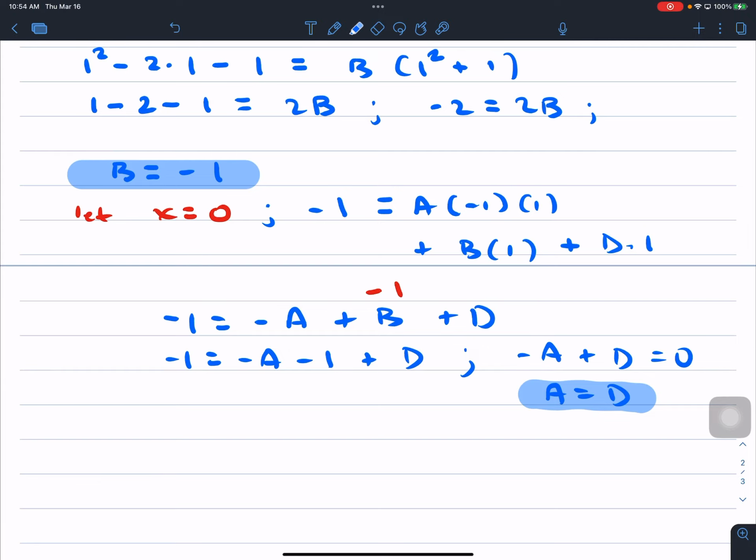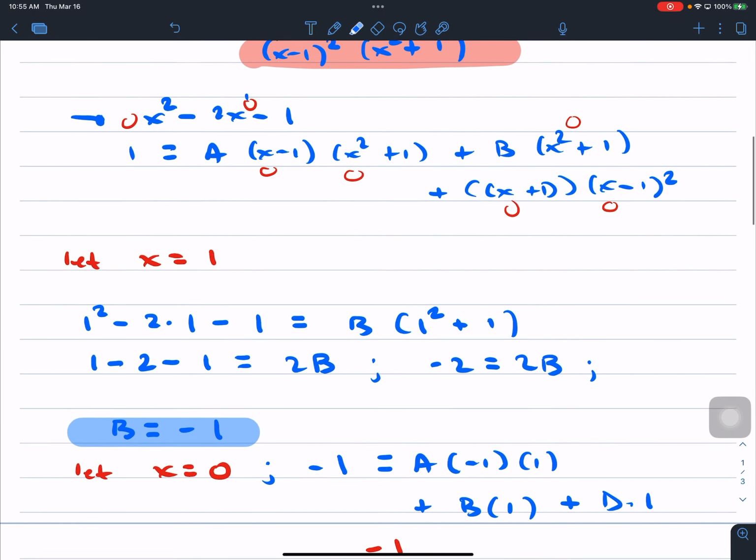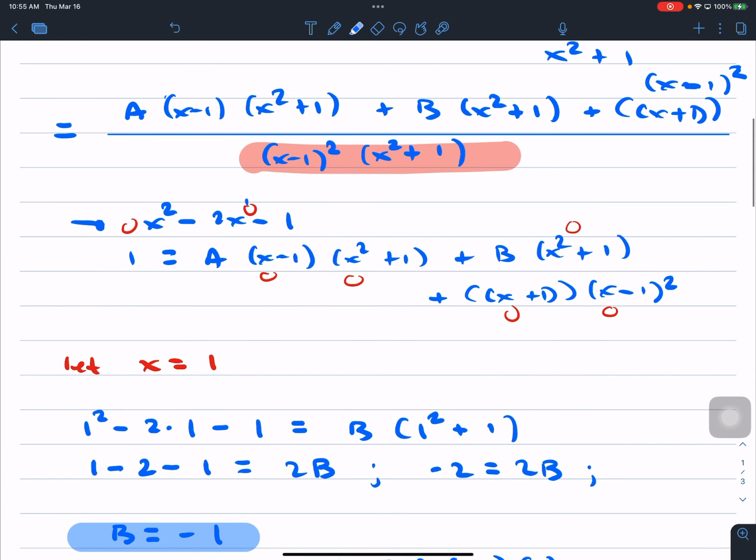Okay? Now, maybe at this point, you know what I can do? I can let x be another value and try to create an equation. And then let x be another value and try to create another equation.